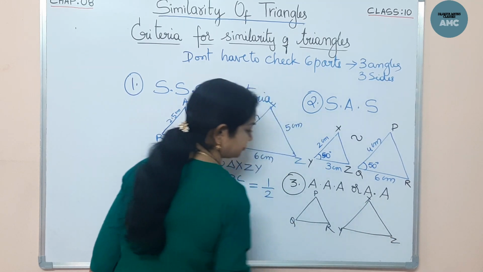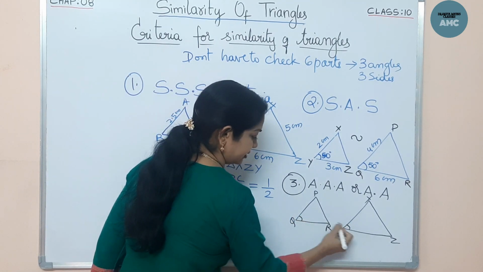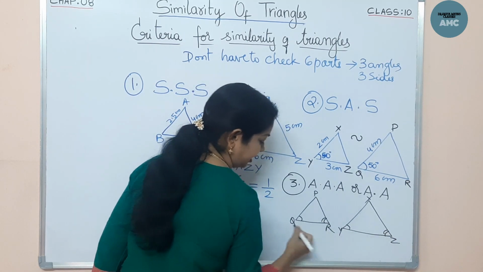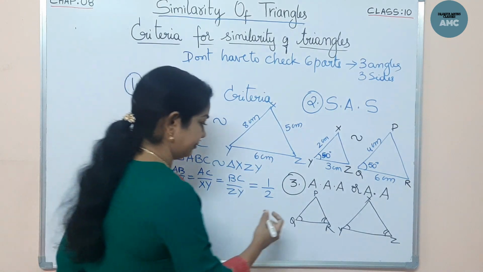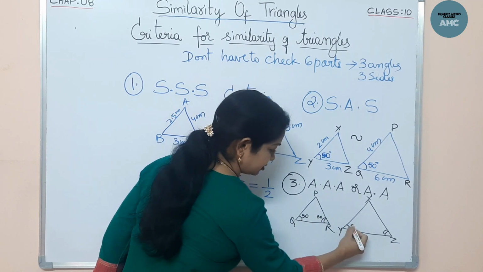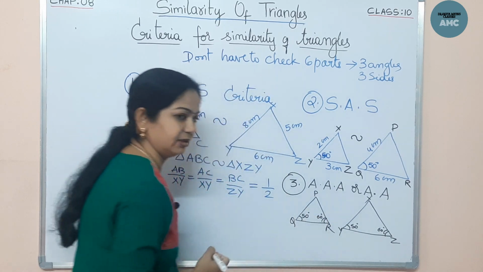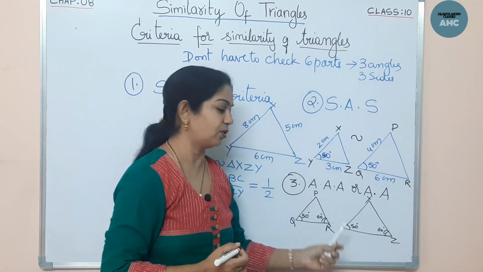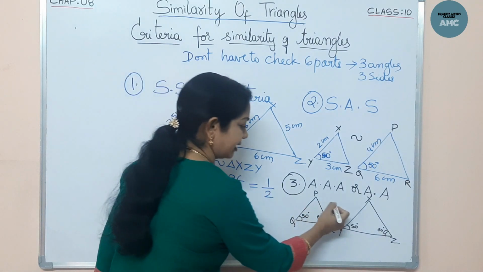If I take any two angles here, this angle and this angle, they are equal. Suppose these are the corresponding angles Y and Q, and R and Z. If two angles are the same, let this be 50 and this 60, so this is also 50 degrees, 60 degrees. Angle, angle, angle means all three angles must be equal to all three angles of the corresponding triangle. So I tell that they are similar.